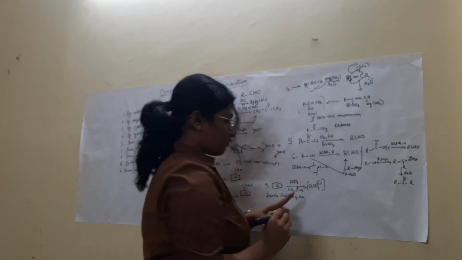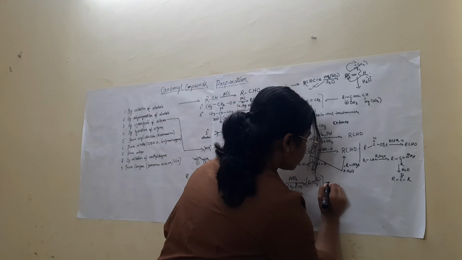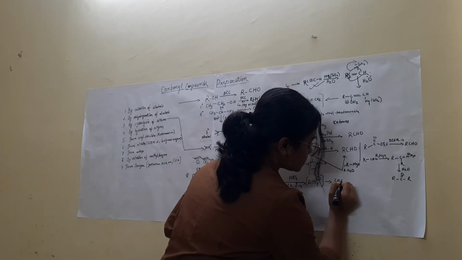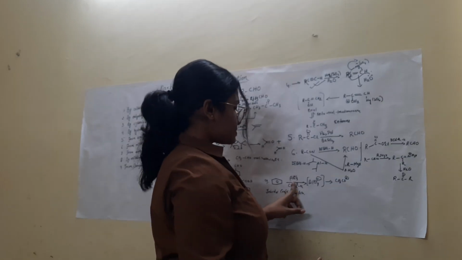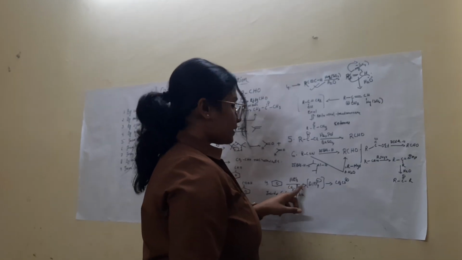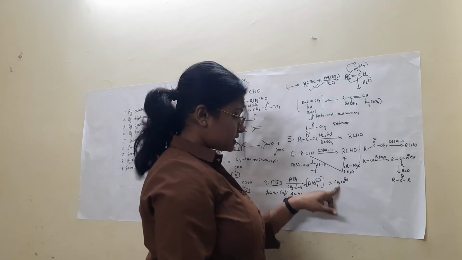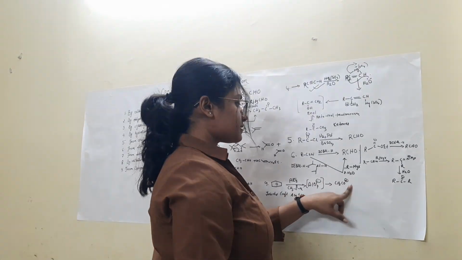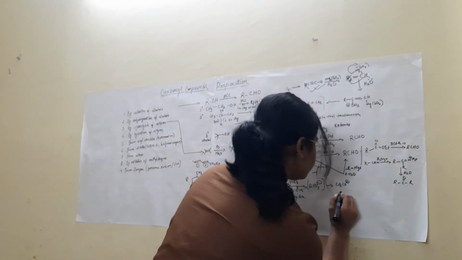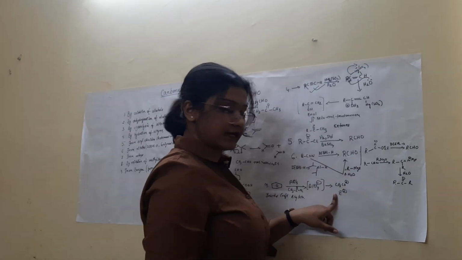this form. Now there is an activating agent. This electrophile is created, CH3CO+. This is an active species electrophile. I am representing it as E+.